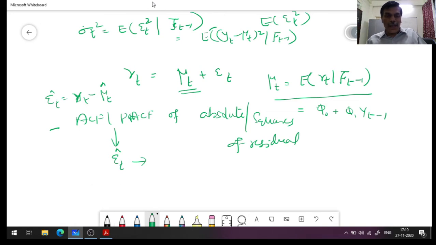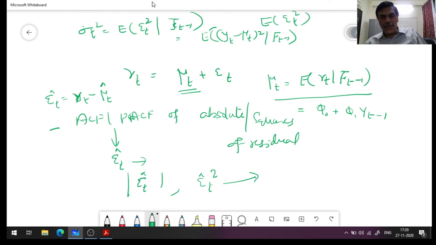But when you start looking at the absolute values or squares, now why do we look at these?